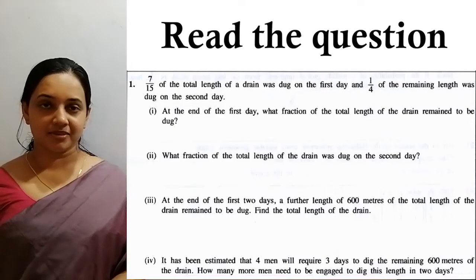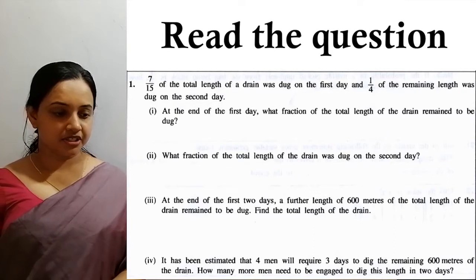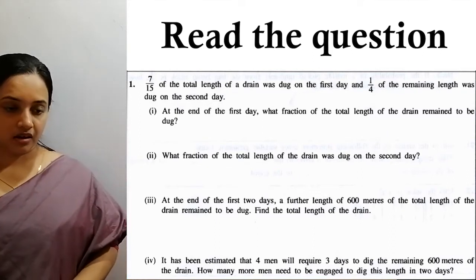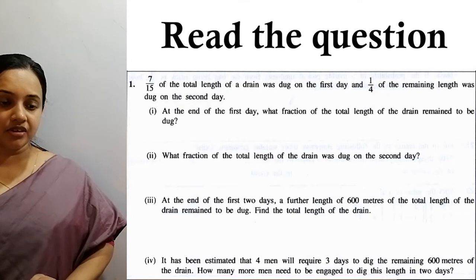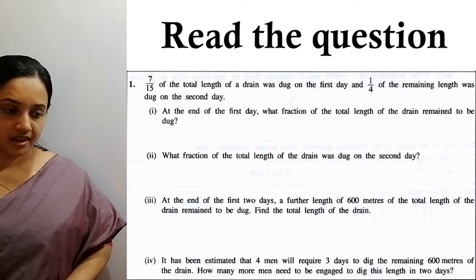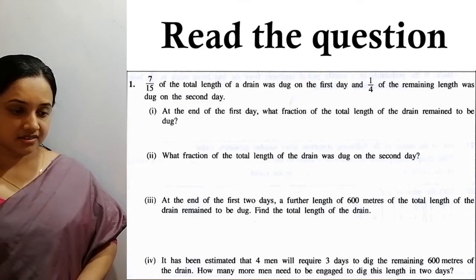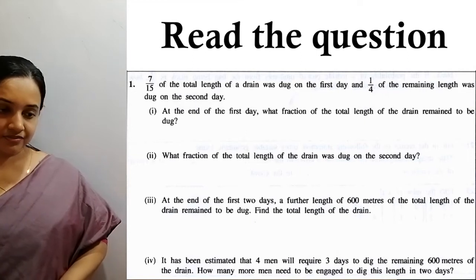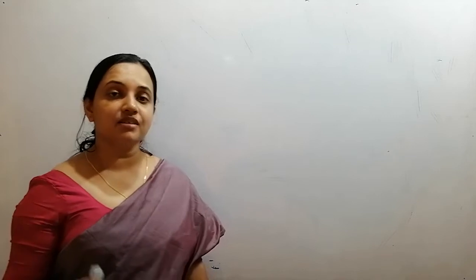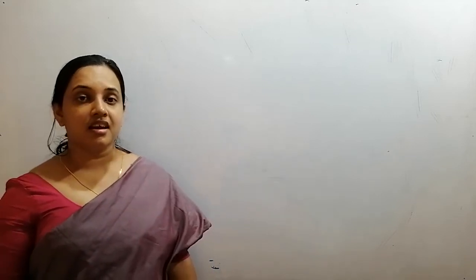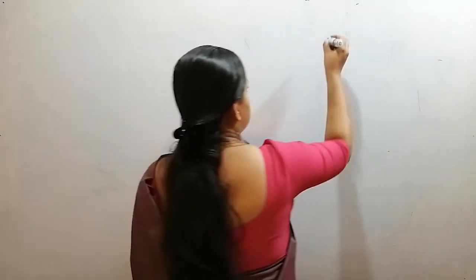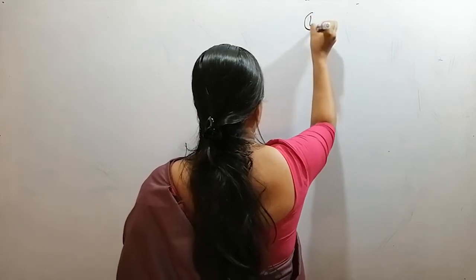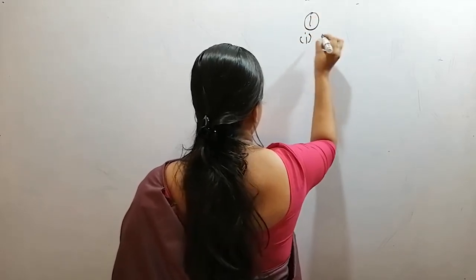First look at question number 1. 7/15 of the total length of a train was painted on the first day, and 1/4 of the remaining length was painted on the second day. At the end of the first day, what fraction of the total length of the train remained to be painted? Within the first day, 7/15 of the train was painted. That means we can write question number 1, part 1.